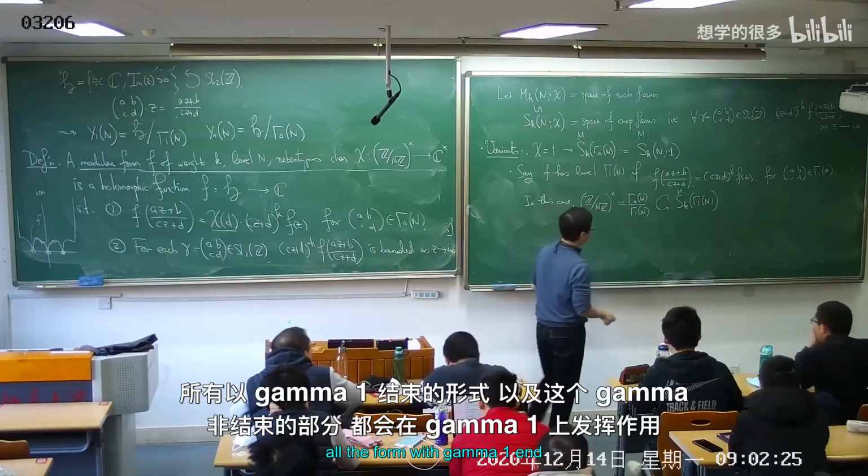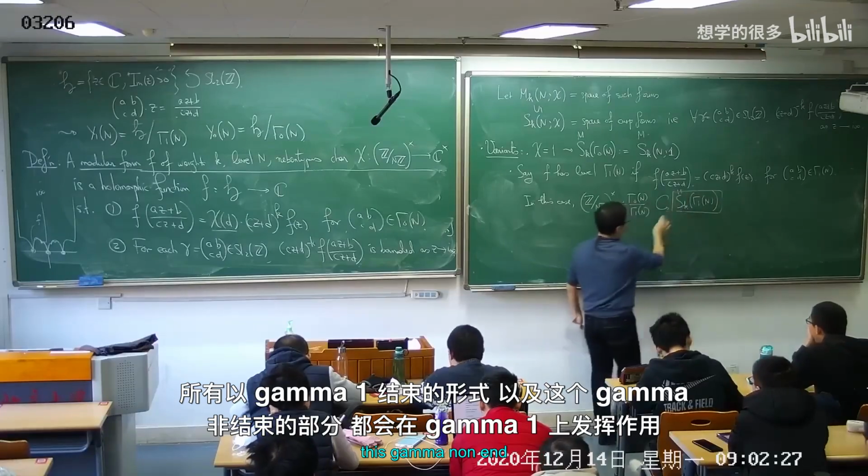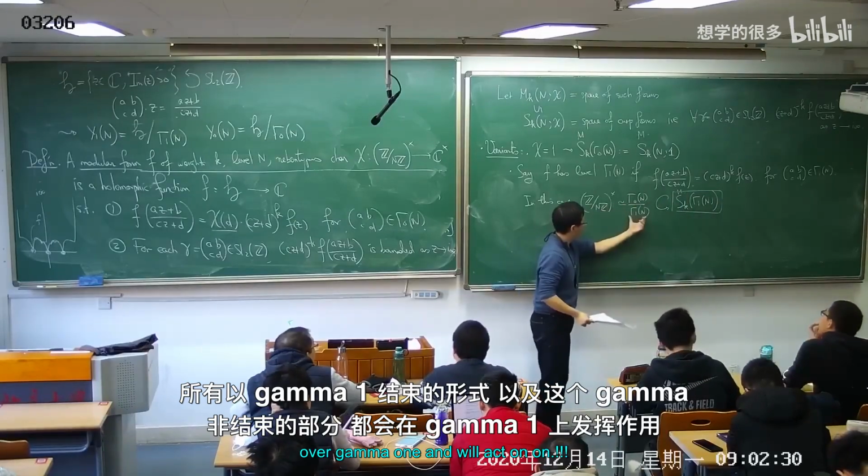So if I just consider all the forms with Γ_1(N), this Γ_0(N)/Γ_1(N) will act on this space here.